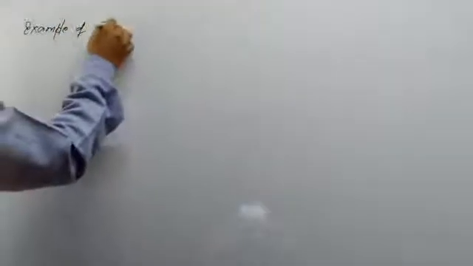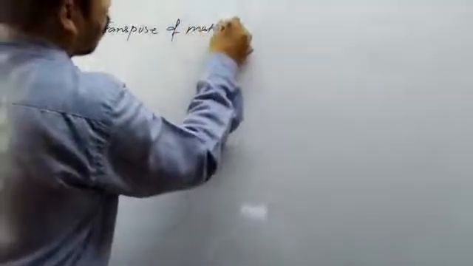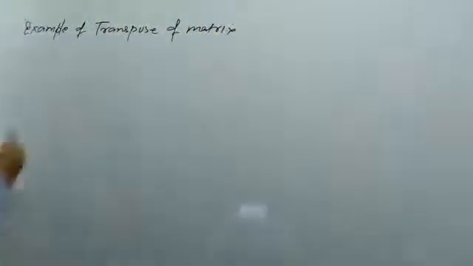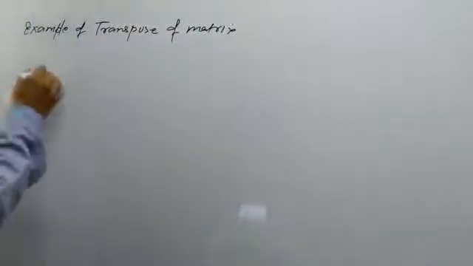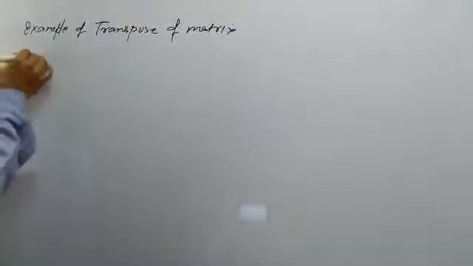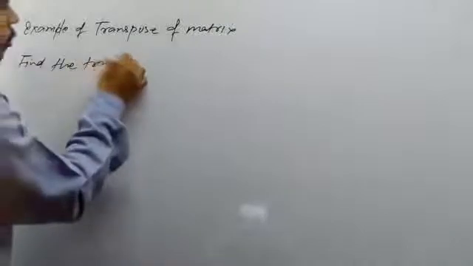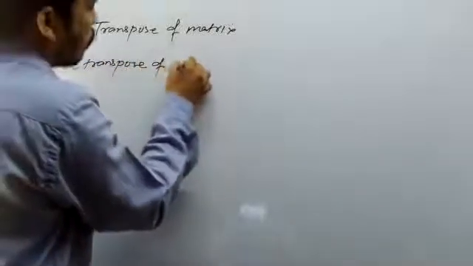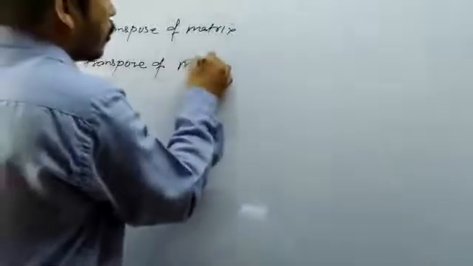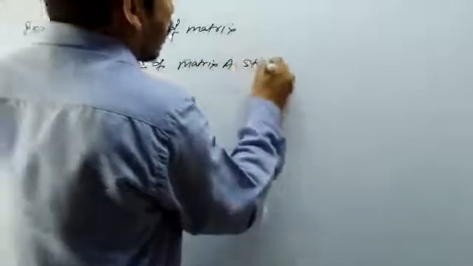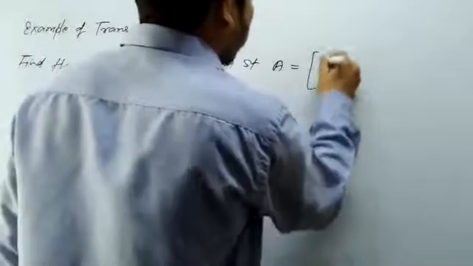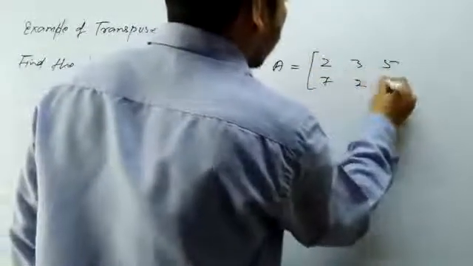Now, an example of transpose of matrix. Find the transpose of matrix A such that A is equal to [2, 3, 5; 7, 2, 9].